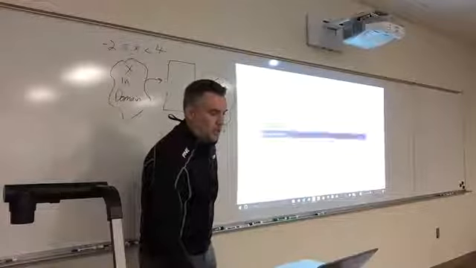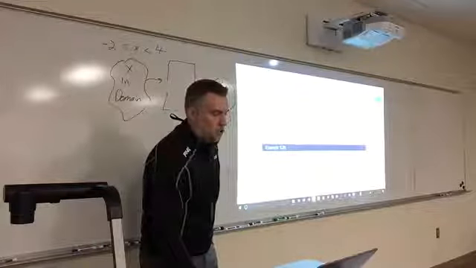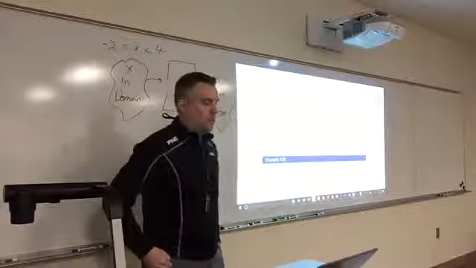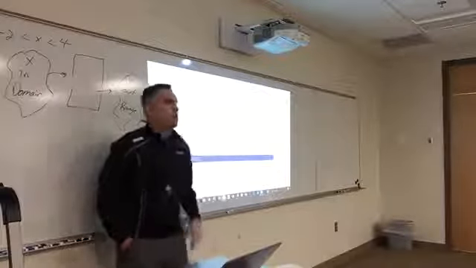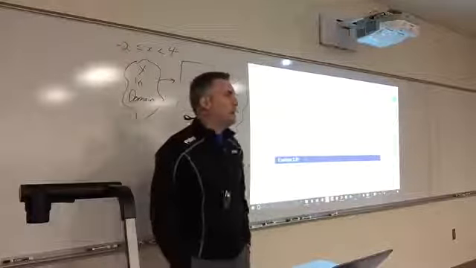Try one more out of your textbook here. How about this one? 2 times the square root of x plus 4. Before you even graph it, think about which values might not work.